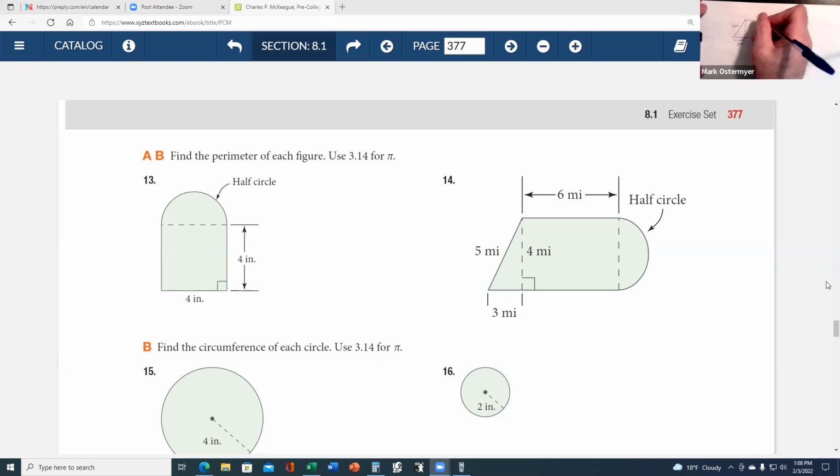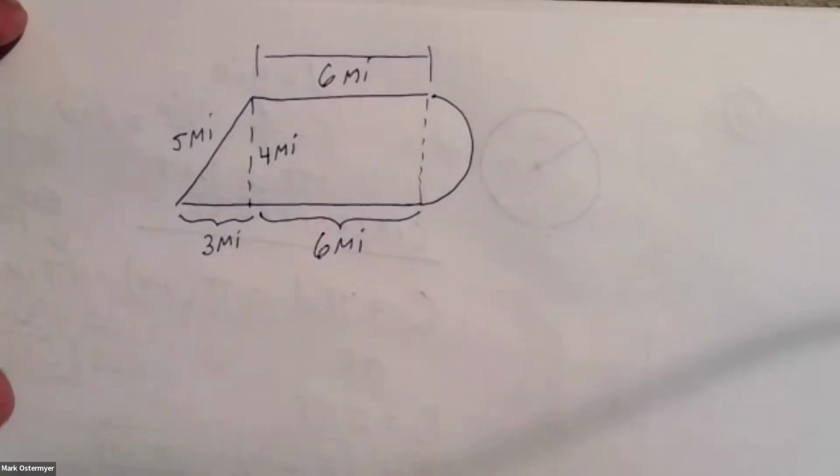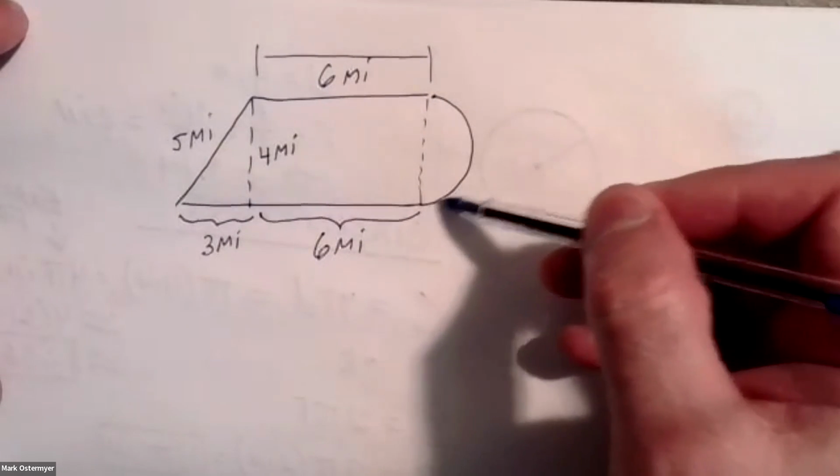This is 6 miles. And so therefore this would be 6 miles. And we have to find, ladies and gentlemen, the length of that curve here. We got to find the distance around this semicircle's circumference here.